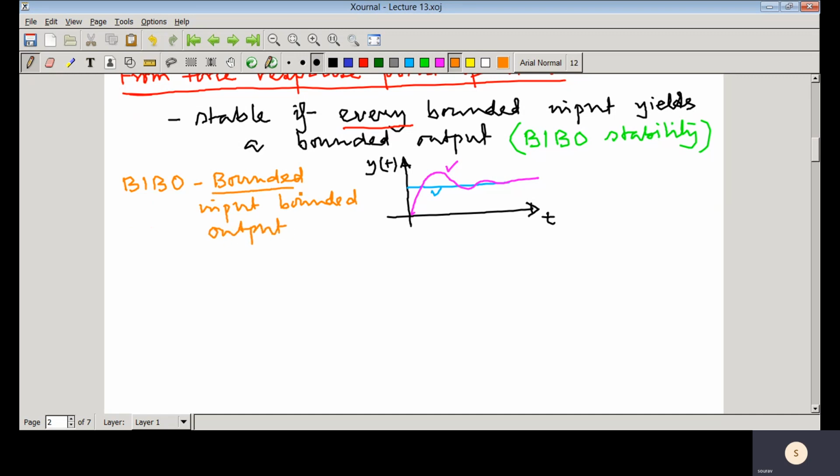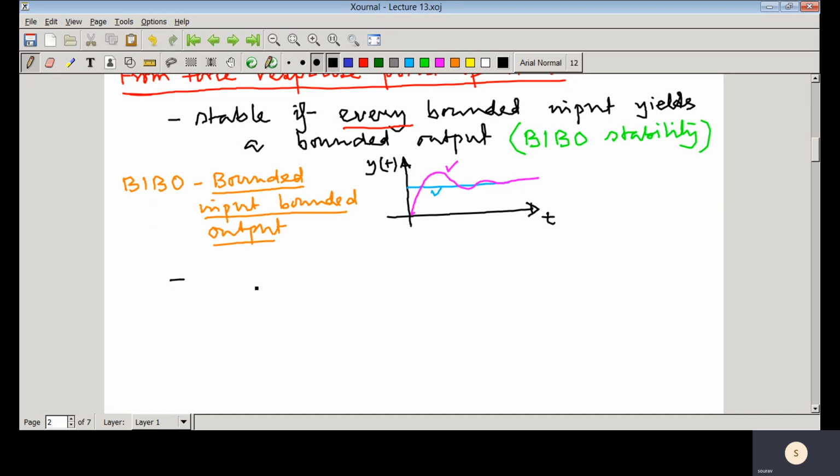So bounded input, bounded output is abbreviated as BIBO. So that means for every bounded input signal, if we have a bounded output, then it is called BIBO stable. And this particular notion, definition, we are discussing from the forced response point of view.